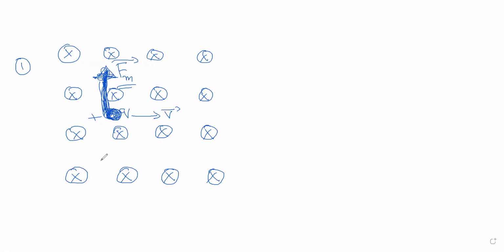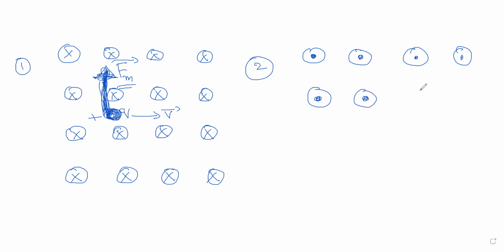Question number 2. Now, if I draw like this, the field is coming out of the paper, which I have already mentioned in the earlier classes. This is the magnetic field which is coming out of the paper.